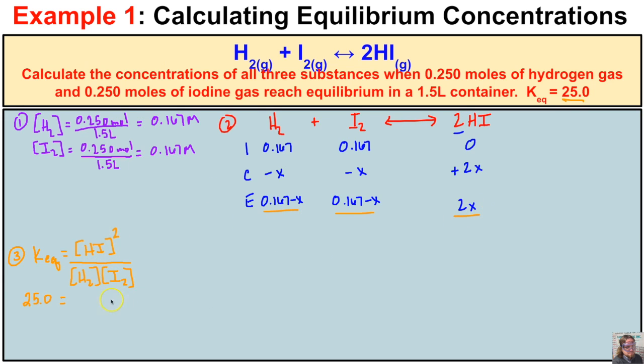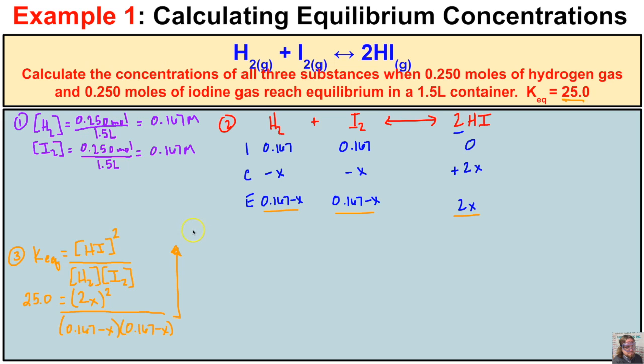So what is the concentration of HI? Well, it's 2x, and we're going to end up squaring this. We're going to divide this by the concentration of H2, 0.167 minus x, times the concentration of I2, 0.167 minus x. And so we'll do the rest of this problem up here.